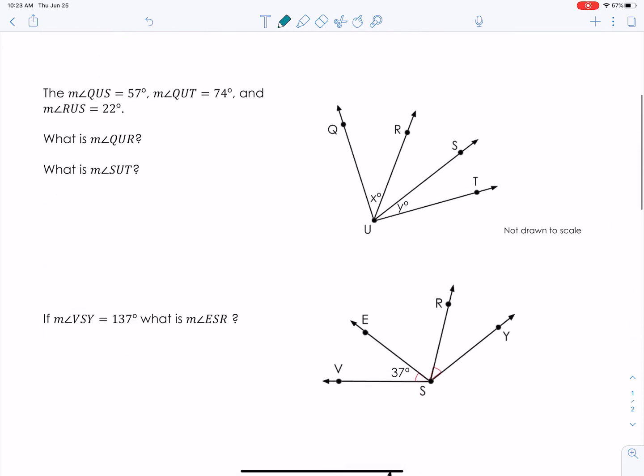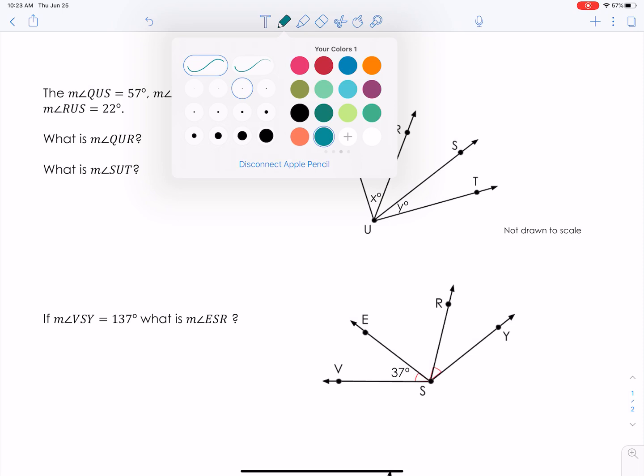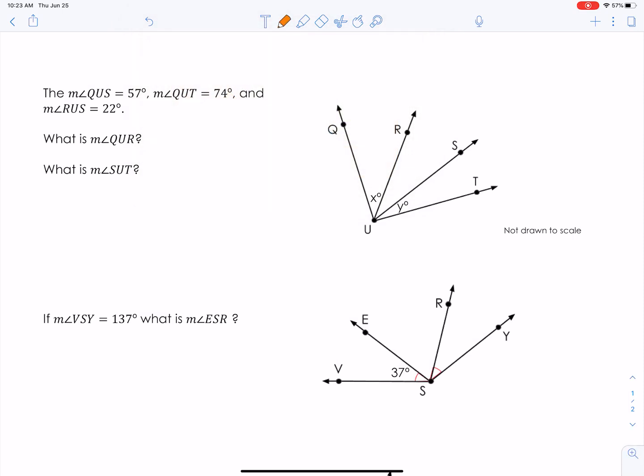Okay, so for this next example, the measure of QUS, so this whole piece right here, is 57 degrees. So this is going to require us to think a little bit. The measure of angle QUT, so that's this whole angle right here.